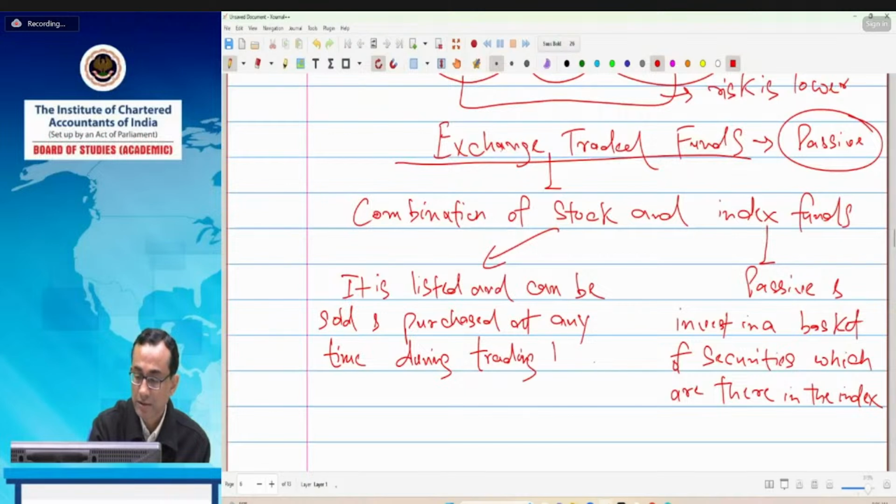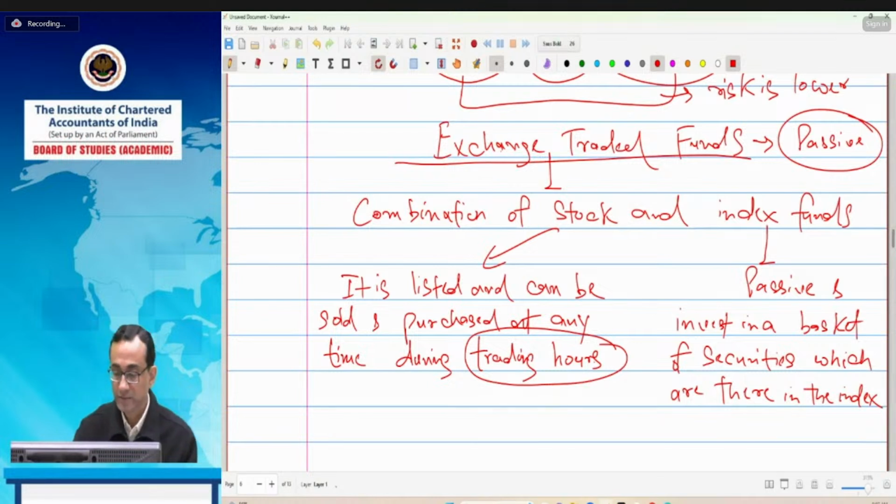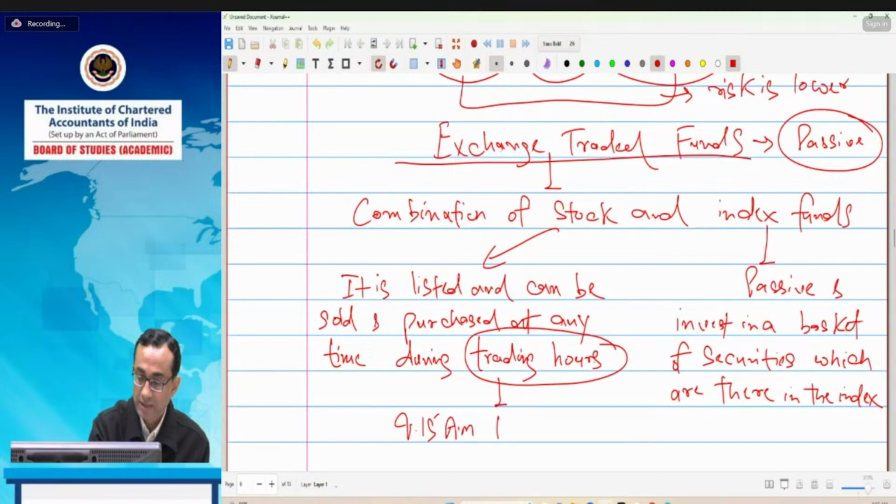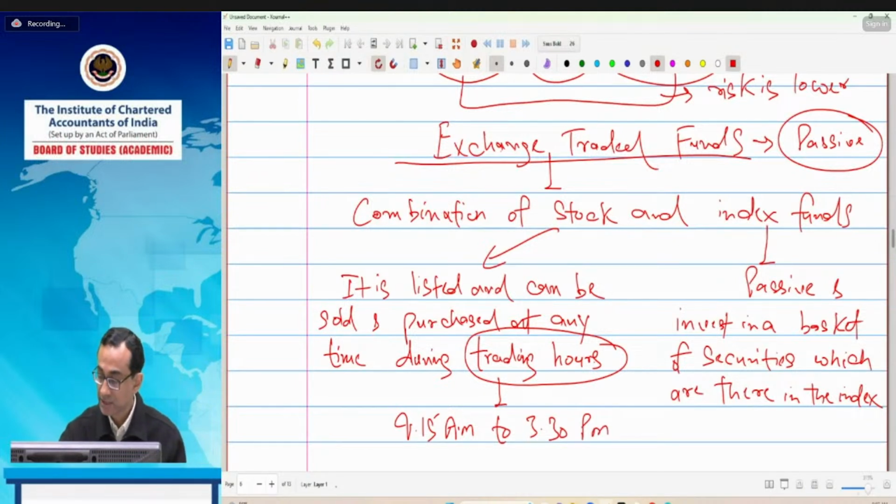This point, trading hours, is important. It means investment can take place at any time between 9:15 a.m. when the market opens and 3:30 p.m. when the market closes. So it can be traded just like stocks.